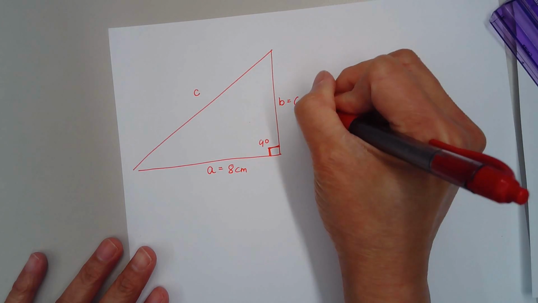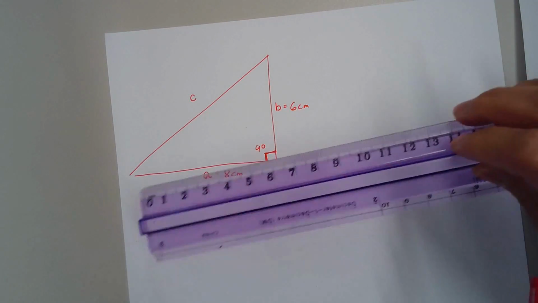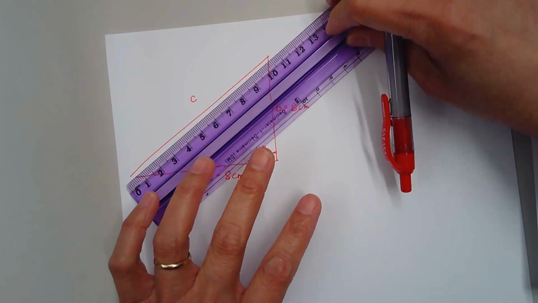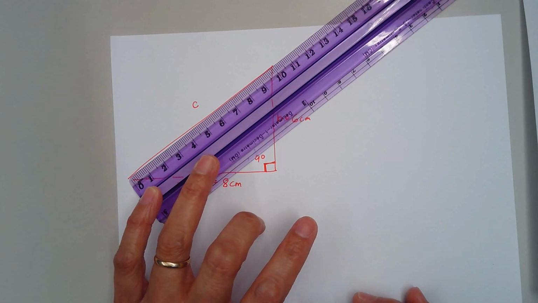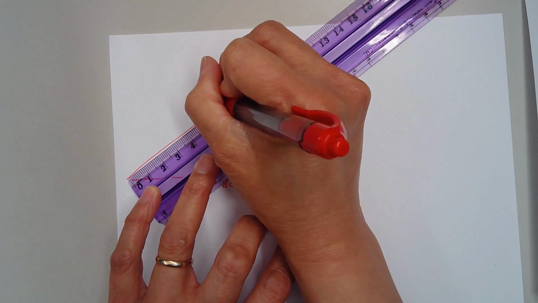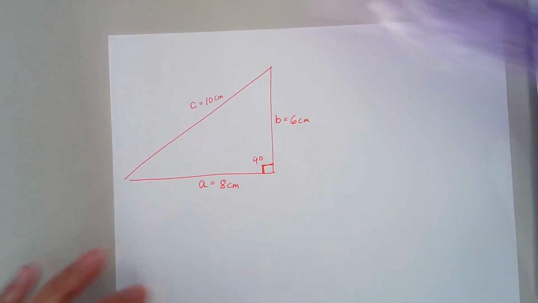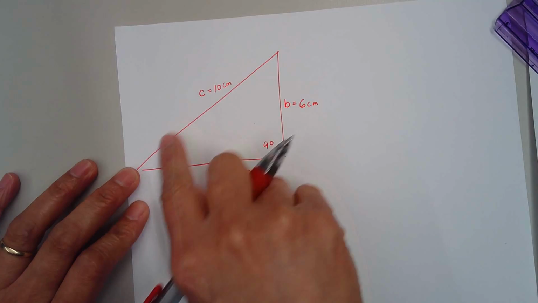I'm going to label them again. I'm going to call this A, B, and C. Now, side A, side B, and side C, which one do you think is going to be the longest of all the sides?